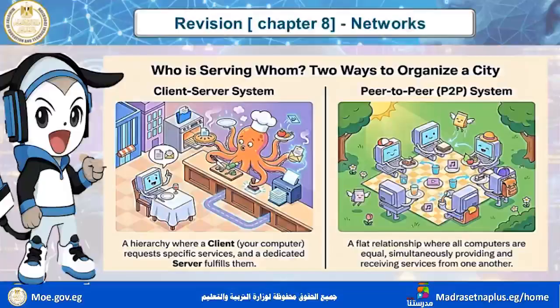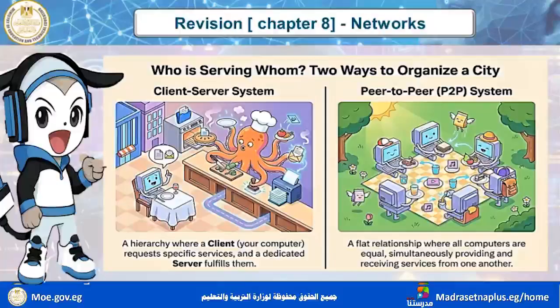So the server fulfills all the requirements of each client. A client-server system is a hierarchy where a client, which is your computer, requests specific services and a dedicated server fulfills them.